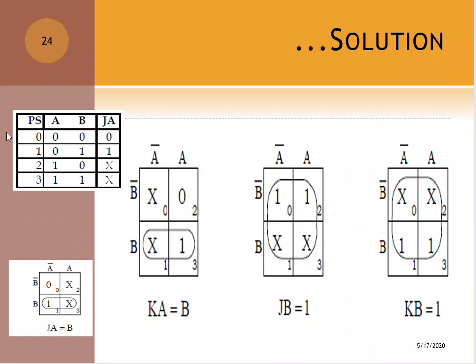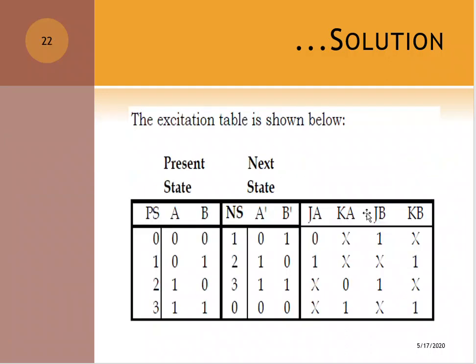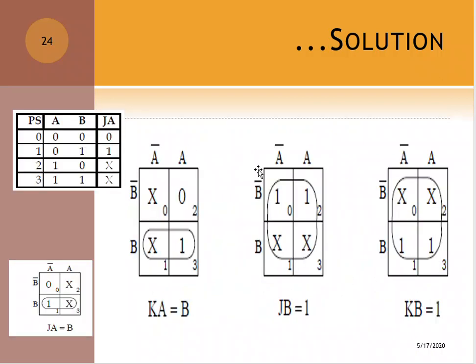Then the same thing for JB. For JB, we have A bar B bar, then A B bar, 1, and then the rest will be x. So we can have all of them in one loop. So JB equals 1.